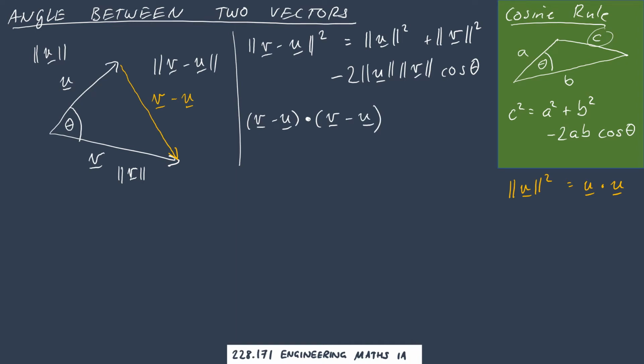I'm going to replace my length of u squared with u dot u. I'm going to replace my length of v squared with v dot v. And then I'm going to leave the rest of it alone because it doesn't look like there's any nice simplification we can do there just yet.